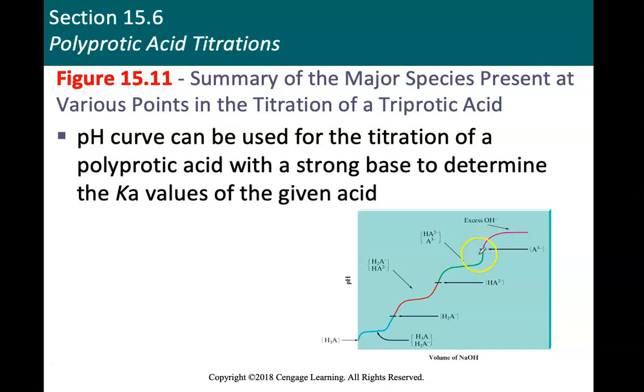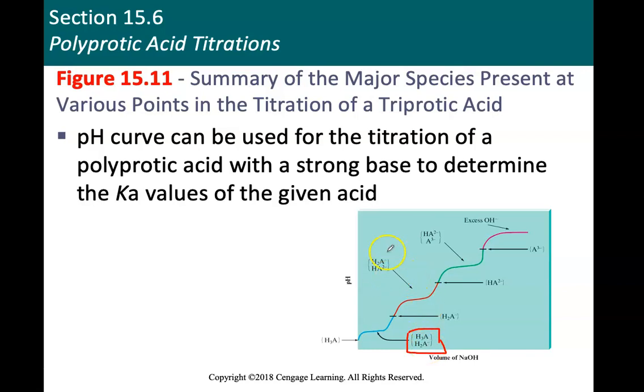So in a triprotic acid, you expect 3 equivalence points. And these are the major species present in these regions. In the first region, you see H3PO4, which is the fully undissociated acid, the molecular form, and the first proton removed.